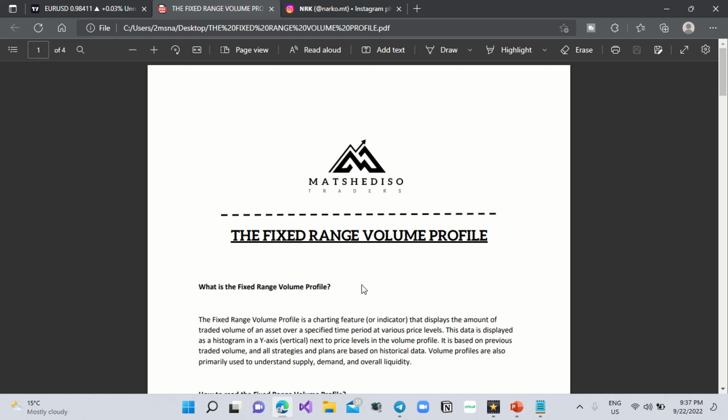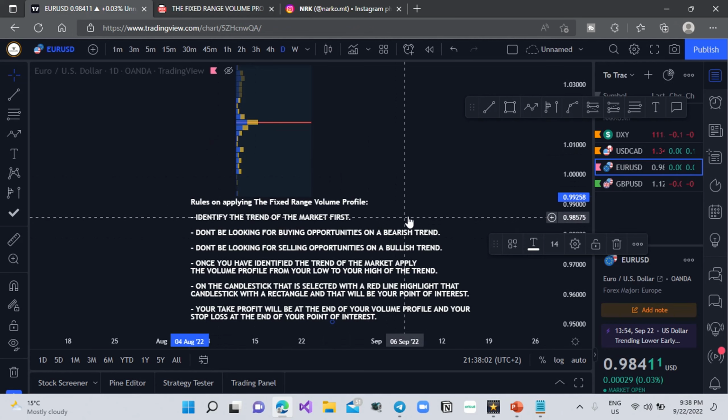This data is displayed as a histogram in a y-axis next to price levels in the volume profile. It is based on previous traded volume, and all strategies and plans are based on historical data. Volume profile are also primarily used to understand supply and demand and overall liquidity.